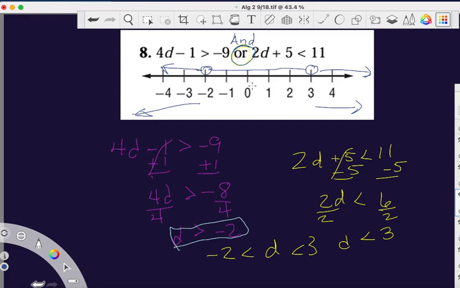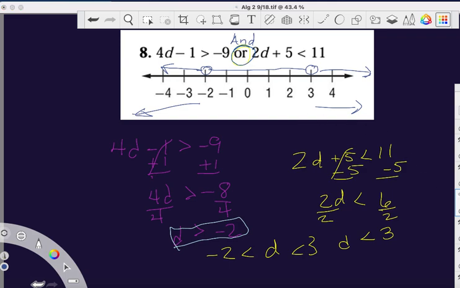I will never give you a subjective problem like this, because it's not fair. Either that, or if I give you a problem like this and you shade the middle, because it satisfies both, even though it says or, I would still give you credit.